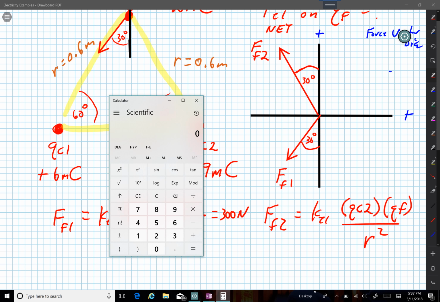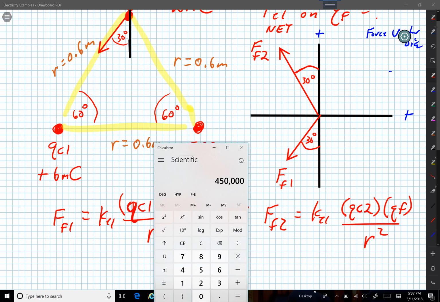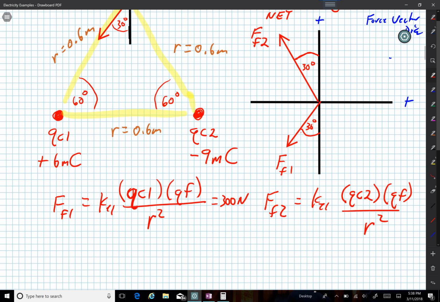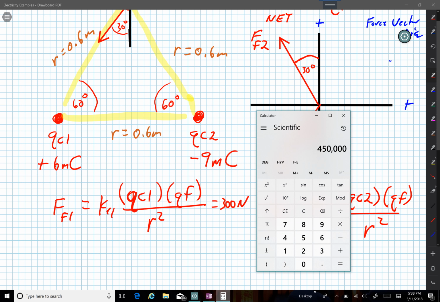Try and get clever, but that's not worth it. 9E9 times QC2 was 9 millicoulombs, 9E-3, times 2 microcoulombs, right? 2E-6, equals, divide by 0.6 equals, divide by 0.6 equals. That doesn't seem right. What did I do wrong here? Something's not right. Let's try this again.